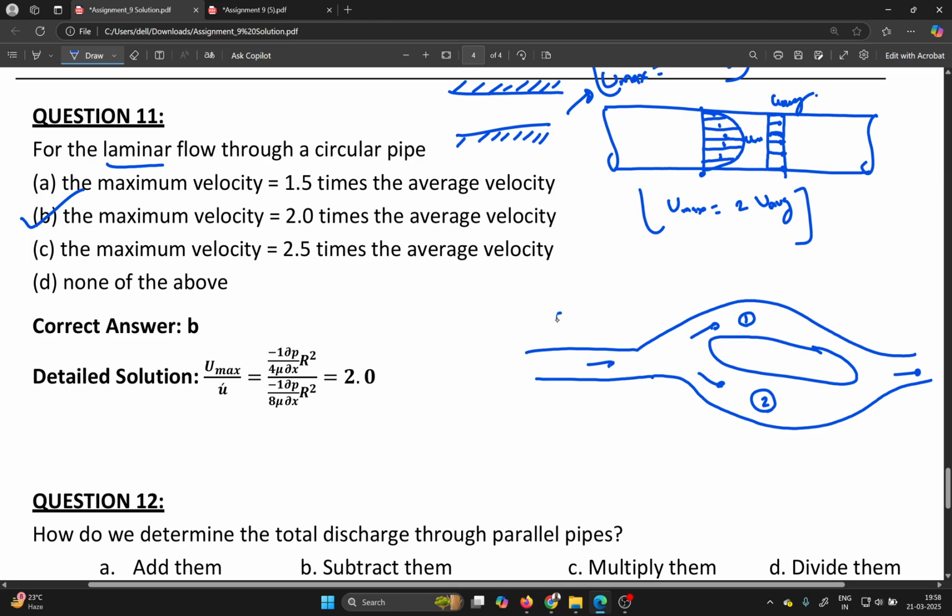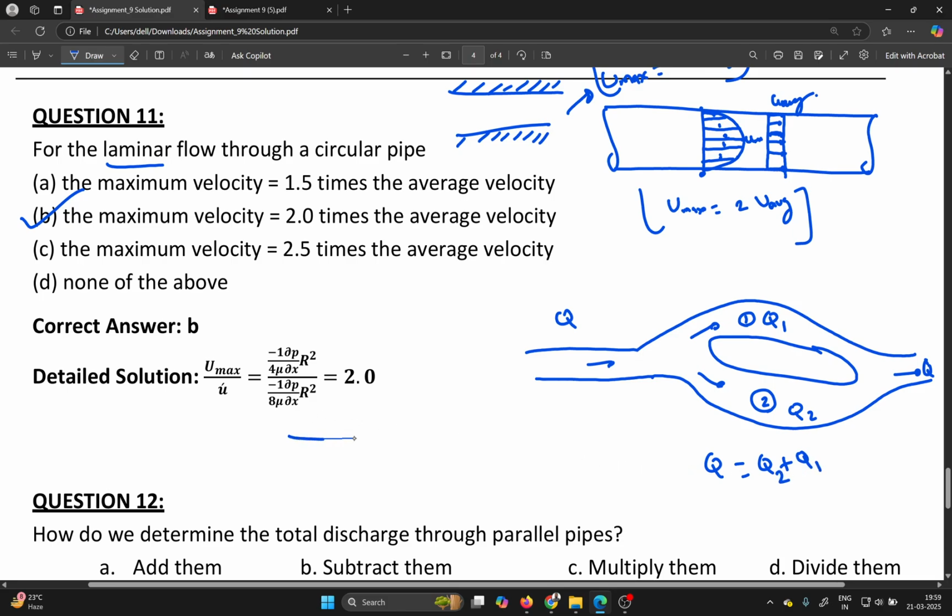So if water is flowing with capital Q, here it goes Q1, and here it divides as Q2, and again here Q. So here water is divided in two parts. So how will you get Q? When you add these two things, Q1 plus Q2.